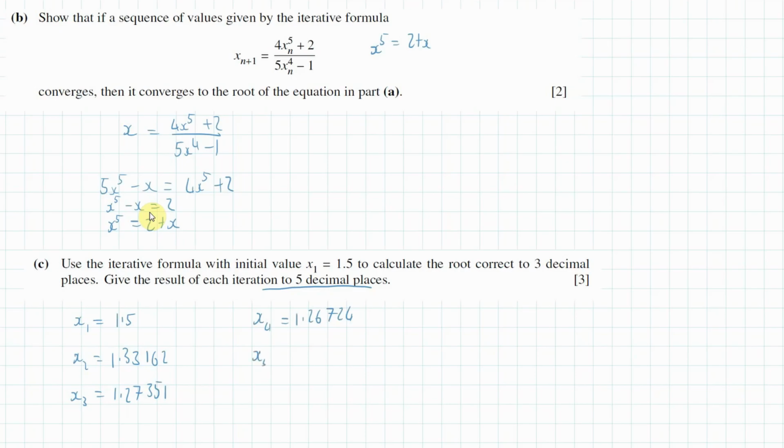So x5 equals 1.26717, equals again. x6 equals 1.26717, and we've got to give our answer correct to 3 decimal places, 1.267 to 3dp, and that is all that you need to be able to do to get full marks on that one.